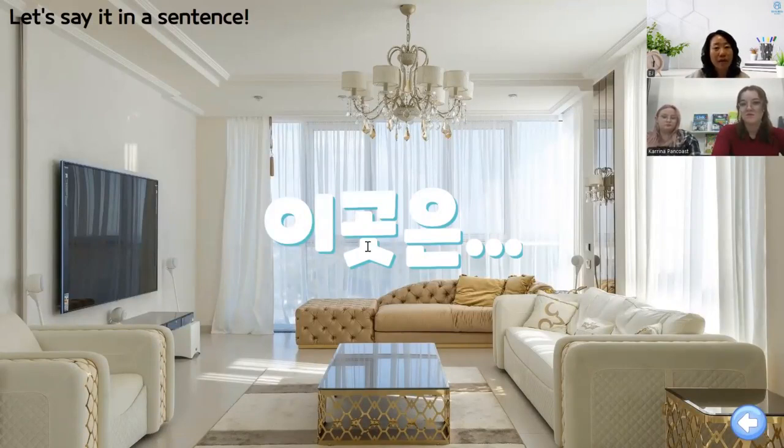Okay, "이곳은," can you make the sentence with this word? Then they are thinking, "이곳은, how can I say it?" Older students already know this vocabulary and can make a sentence, but they don't trust themselves. "Oh, I don't know."